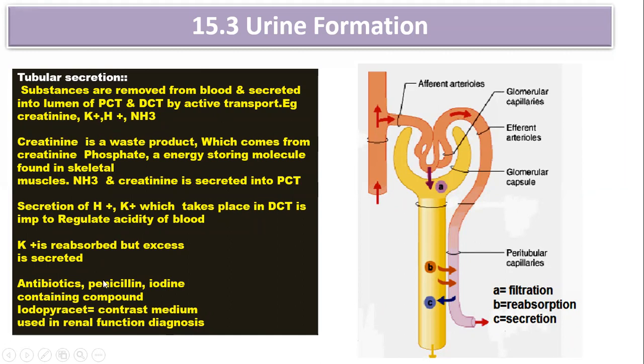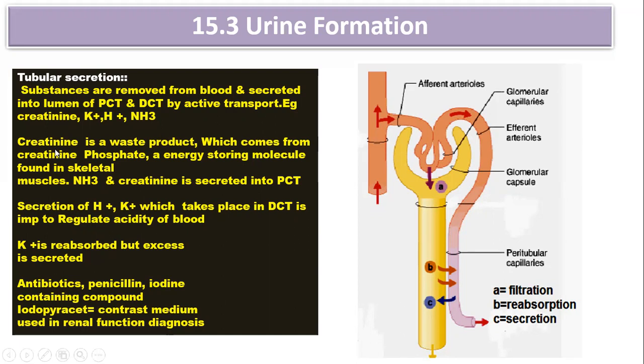The doctor gives you this compound and checks whether it is being excreted in urine. That is how the doctor comes to know whether your kidney is performing its function properly or not.